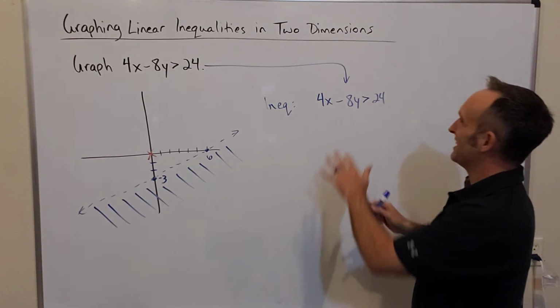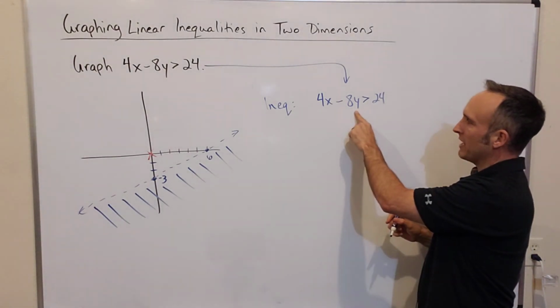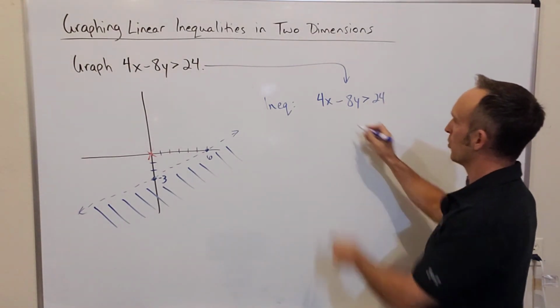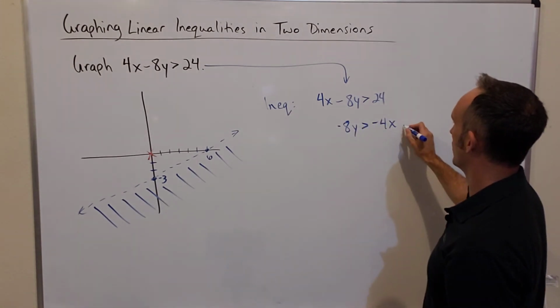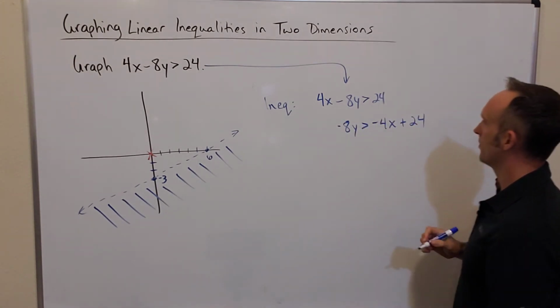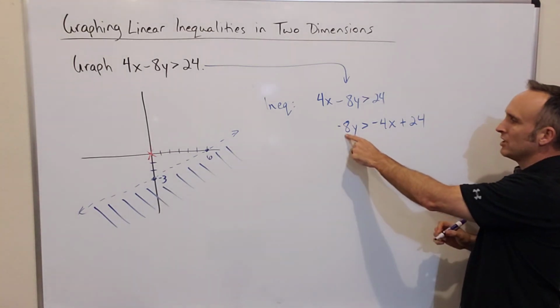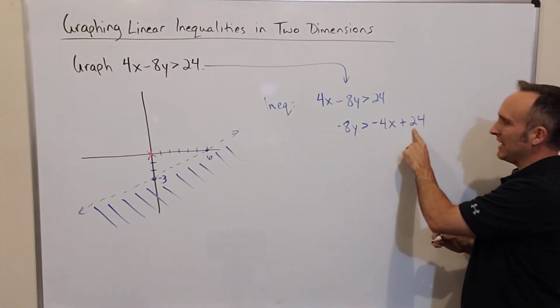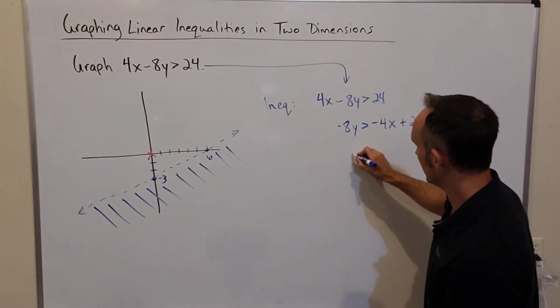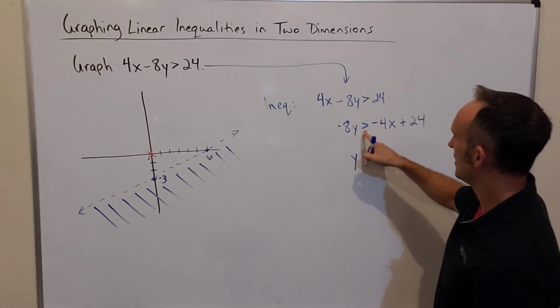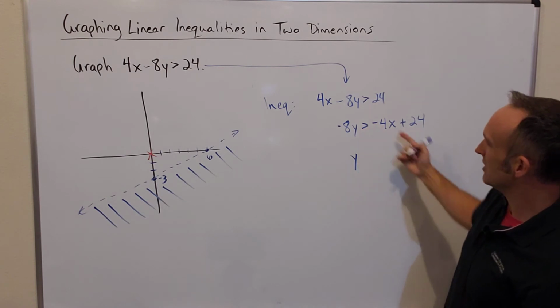So what you do to get it in slope-intercept form is get y by itself. So let's subtract 4x over. So a negative 4x and still the positive 24. We divide both sides by negative 8. Now here's the tricky part. When you divide by a negative, this greater than flips.